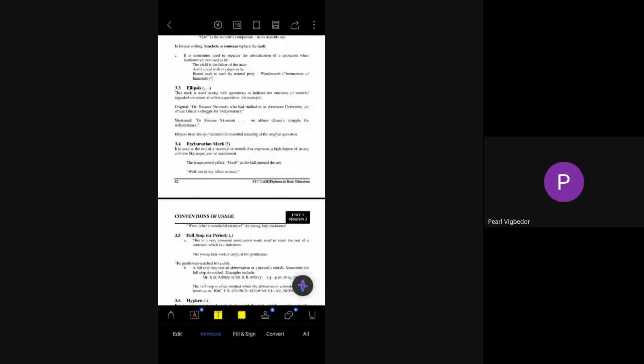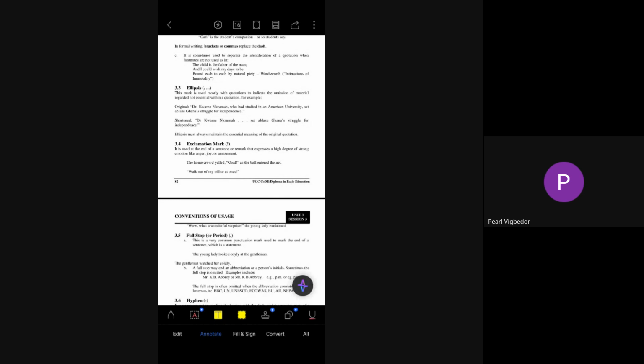When we use ellipsis in our writing, we use ellipsis when you omit a whole phrase or a whole sentence in a passage or in a sentence.